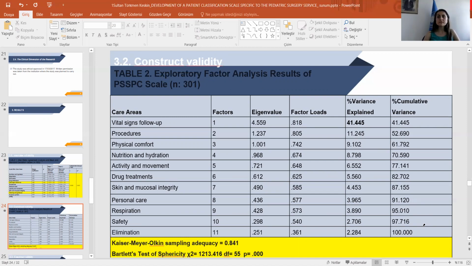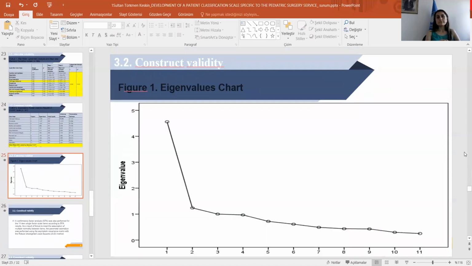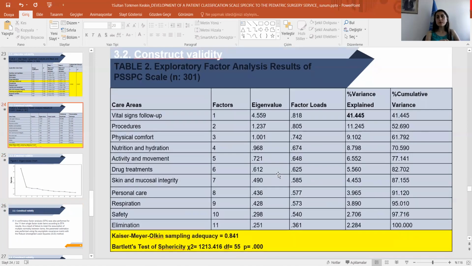It was observed that this single factor measurement tool achieved measuring 41.45% of the feature that it aimed to measure. Accordingly, it can be said that the ratio of explained variance of the scale is adequate.